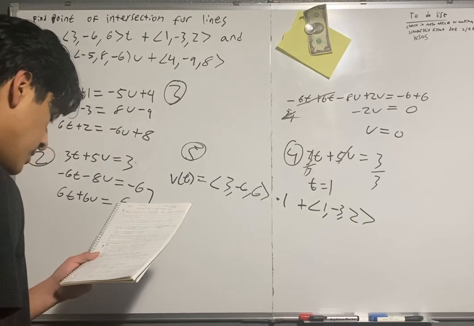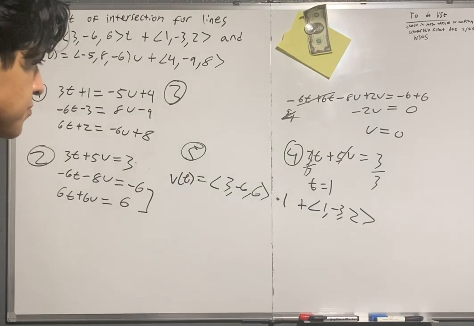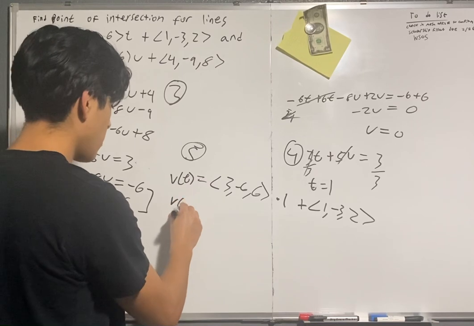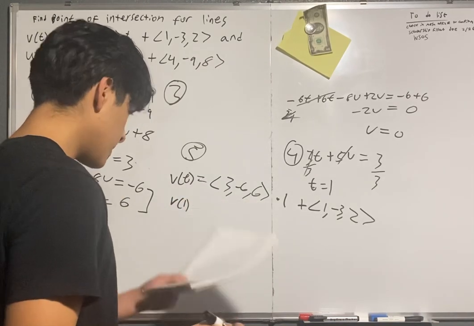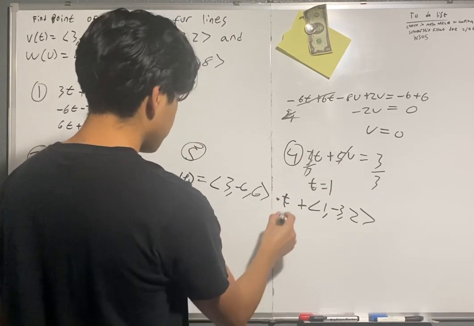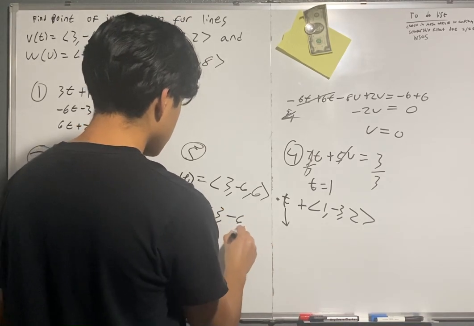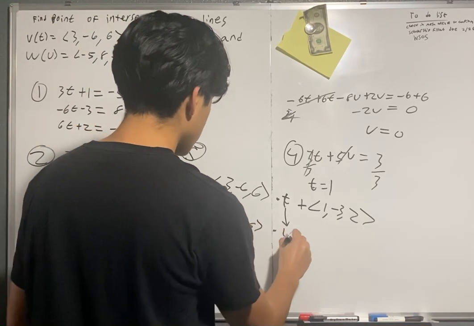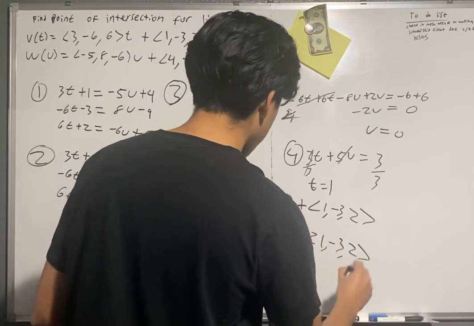And then we're going to plug in v1. Actually, did I skip something? Actually, this is supposed to be just t for now, but then we put that down as 3, negative 6, 6 times 1 plus 1, negative 3, 2.